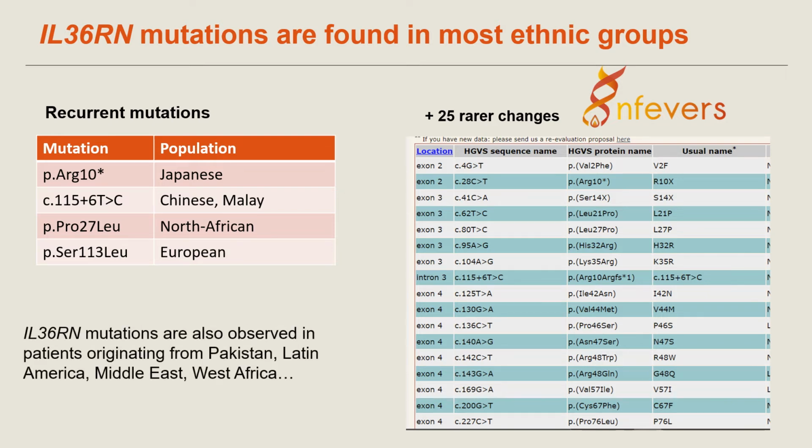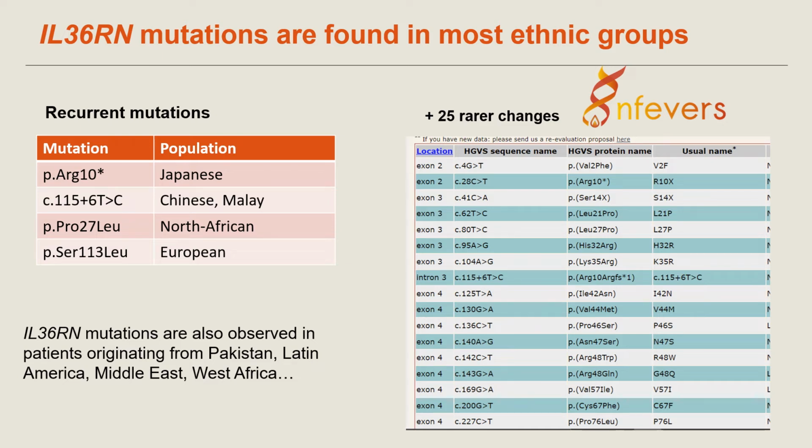But even in these cases, what is striking is that these mutations have been observed globally. So individuals with IL36RN alleles have been described in East Asia, South Asia, Latin America, the Middle East, etc.